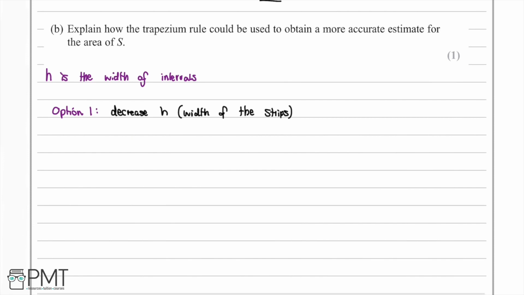And when we do this, it means that each strip fits a little bit more area into it, which means that less area is being missed out and the estimate becomes more accurate. And then we have a second option, option 2, which is to increase the number of strips. In theory, if we add in more strips, this is going to give the same effect as decreasing the width of the strips. So just noting that down there, we could also increase the number of strips.